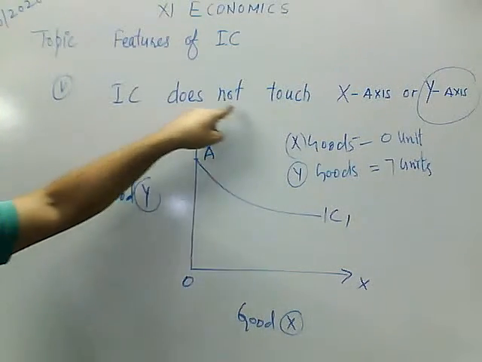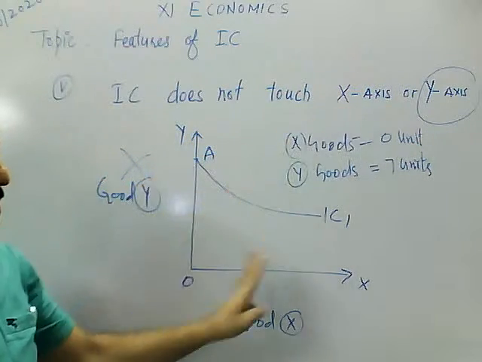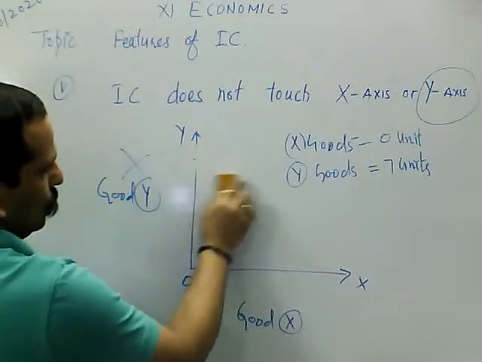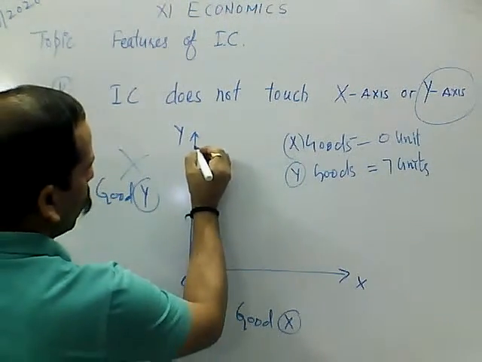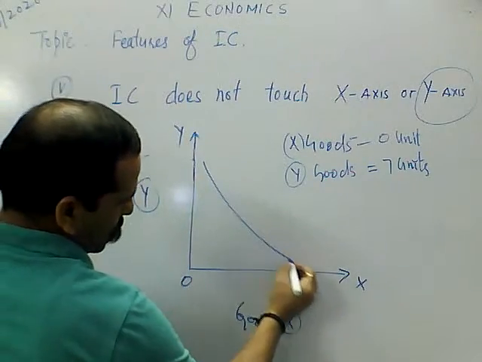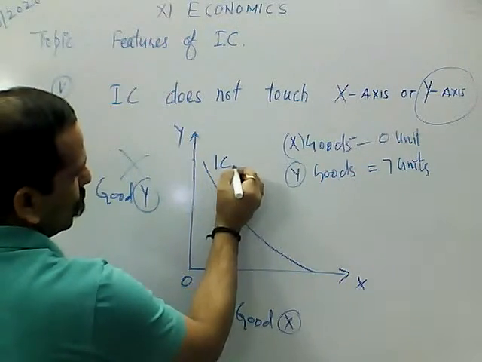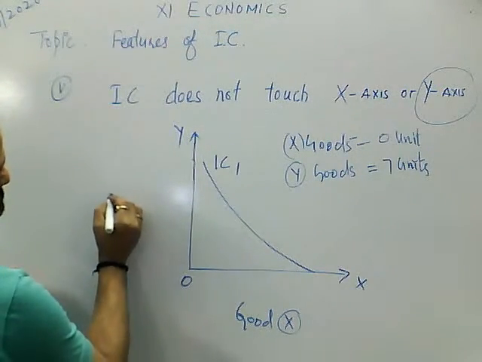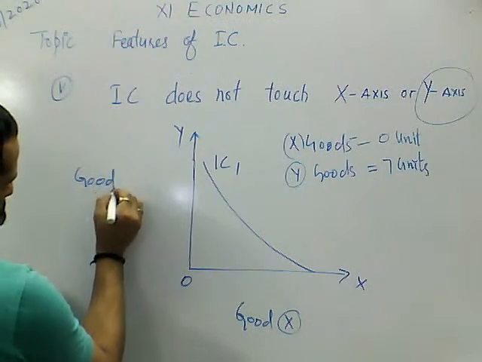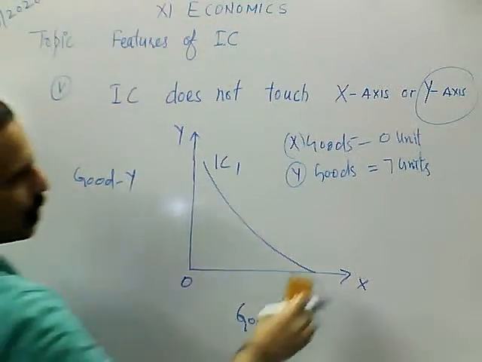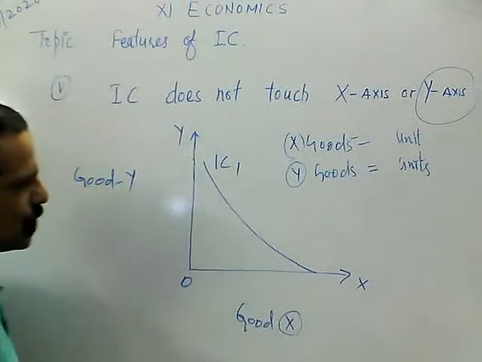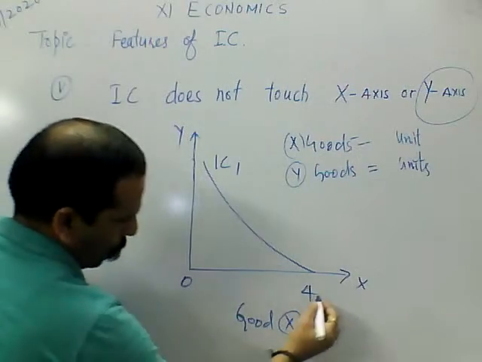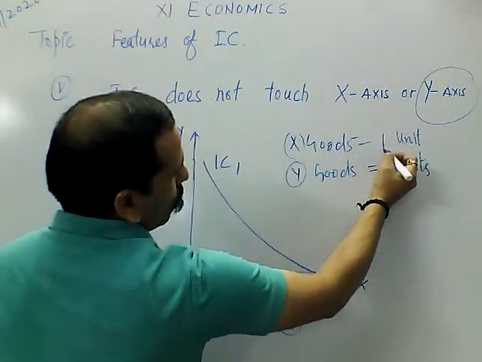So IC does not touch either this or this. For example, taking x commodity only, let 4 units of good x.